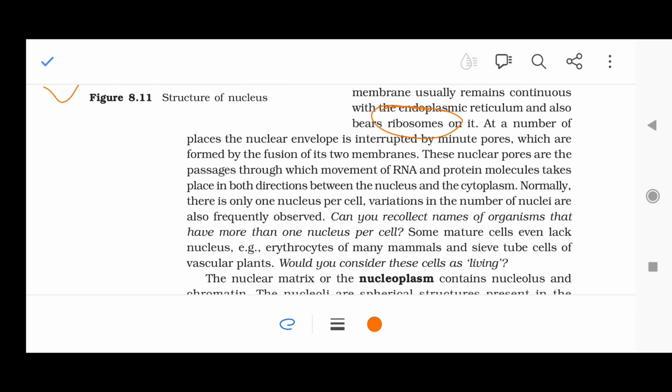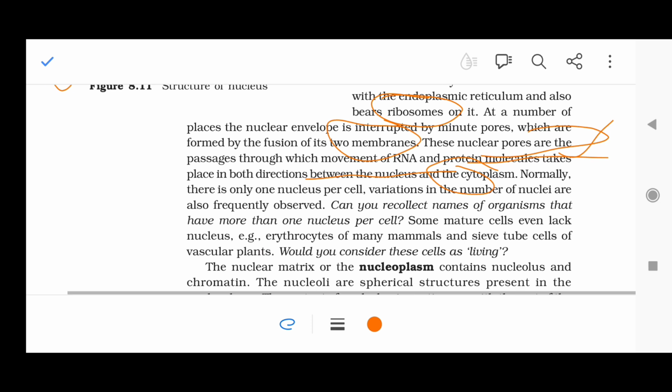At a number of places the nuclear envelope is interrupted by the minute pores which are formed by the fusion of its two membranes. These nuclear pores are passage through which movement of RNA and protein molecules takes place in both directions between the nucleus and the cytoplasm. Obviously, these pores will help in the movement of RNA and various other proteins for various specific activities.